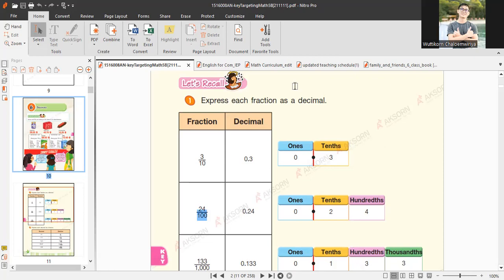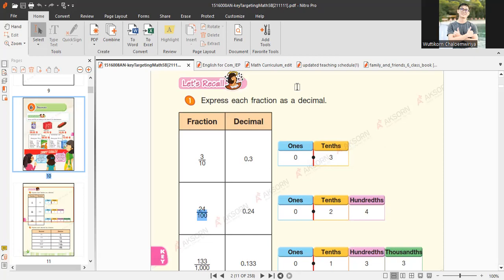These 2 zeros show you the number of decimals you have to write. So this 100 has 2 zeros, so it's telling you that you will have 2 decimals.